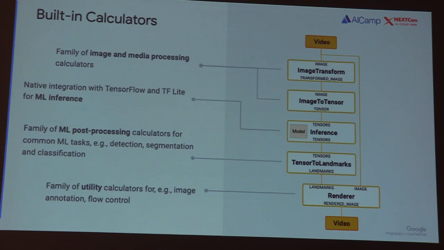So this includes the basic neural network engine, which is TensorFlow, and it also includes the basic feature extraction calculators, image processing calculators to pre-process images from video, and then some output calculators to do visualization or rendering of the output.